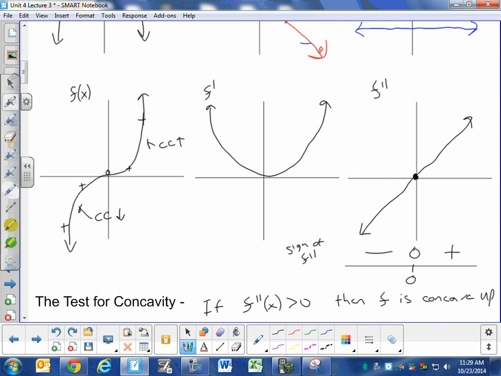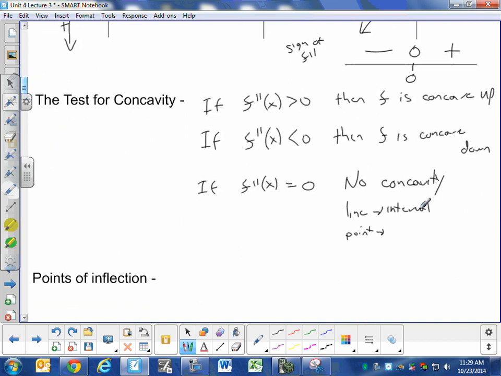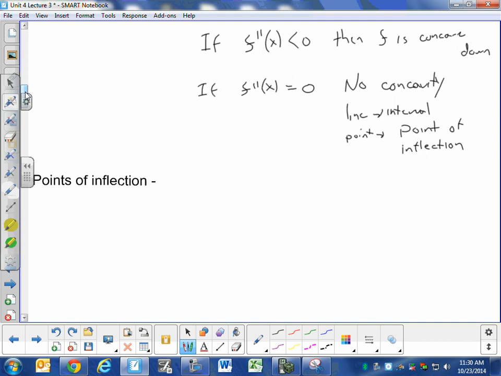It's a point where we change concavity from being concave down to being concave up. We call this point a point of inflection.